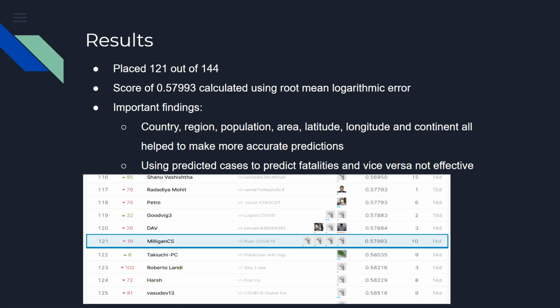Ryan stated previously that the competition only fed us the data of the country and the state, and I believe one more data point. But we actually found external data that included the region, population, area, et cetera, and by compiling that data and using that for the AI, we were able to increase our accuracy significantly.